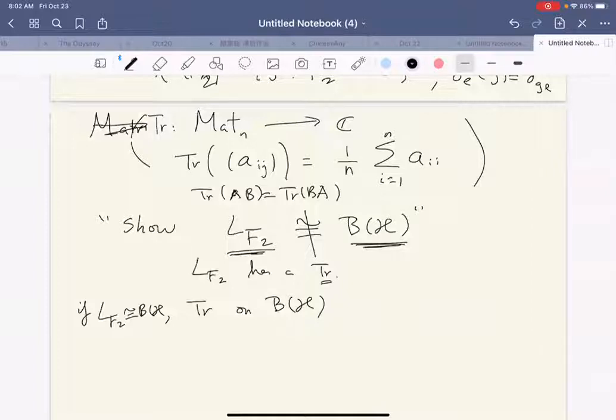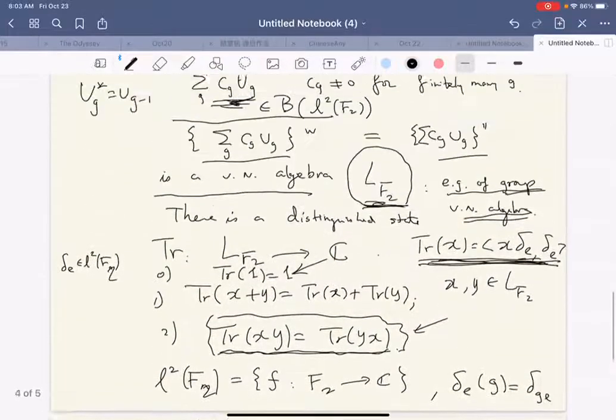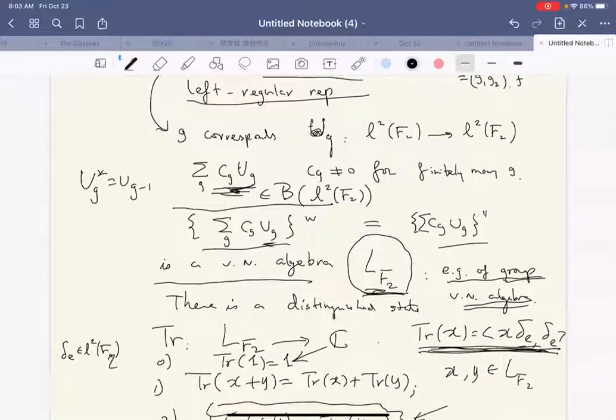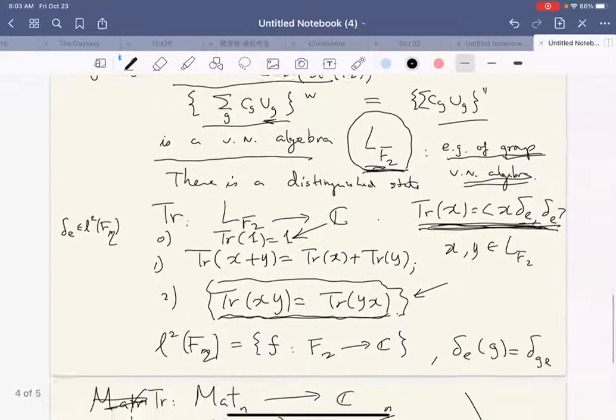So if they're isomorphic, this Hilbert space is also infinite dimensional, so H is infinite dimensional. Otherwise, this is a matrix algebra, it's finite dimensional. But F2 is huge because you have all these arbitrary words in 2 elements. So there's a lot of them.